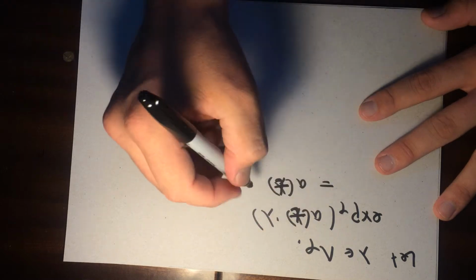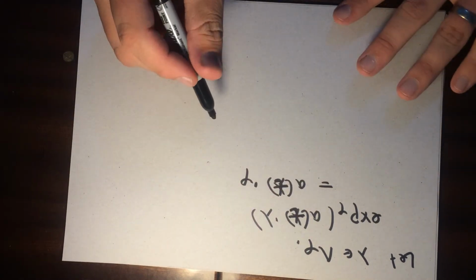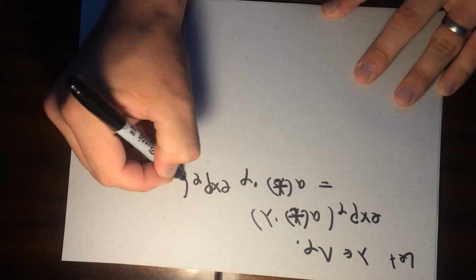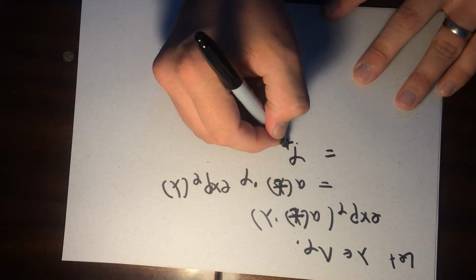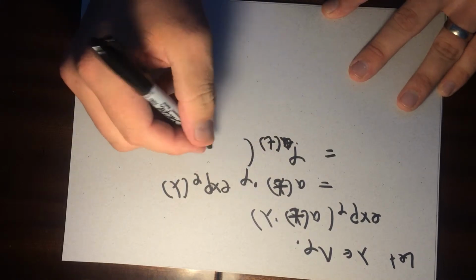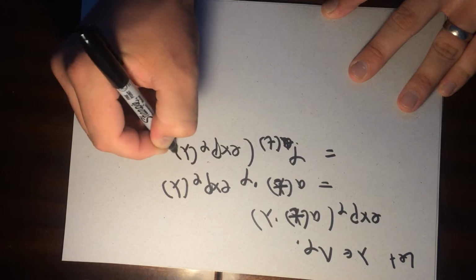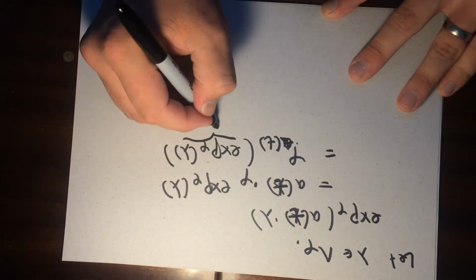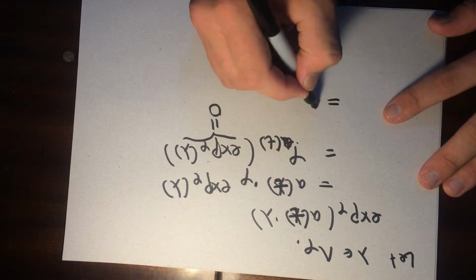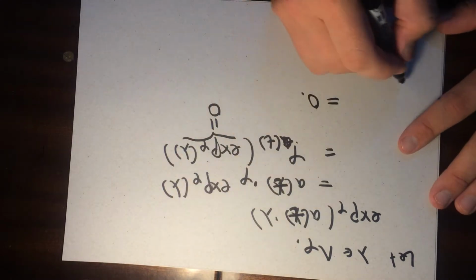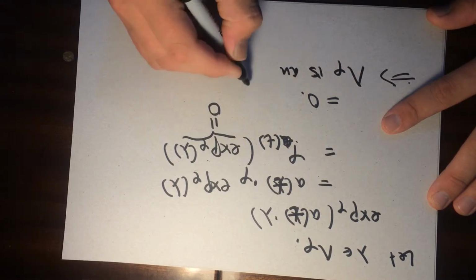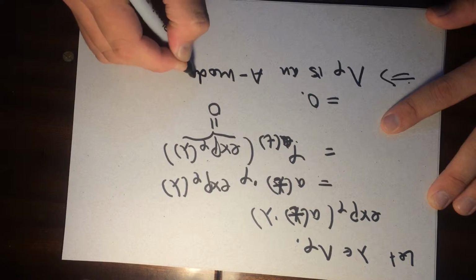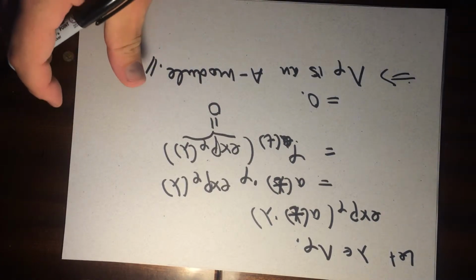It changes this multiplication into multiplication for the Drinfeld module. And this is, again, by the definition of Drinfeld modules, phi of a of T applied to the exponential here. And this is 0. This is equal to 0. And so this is equal to 0. Okay, then this implies that it's an A module. An A module. Okay, that's pretty easy.